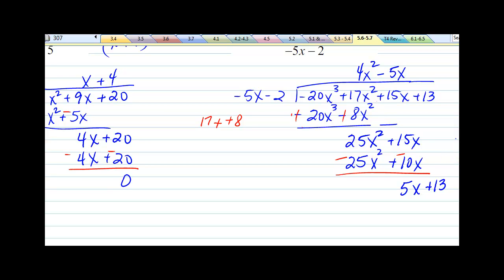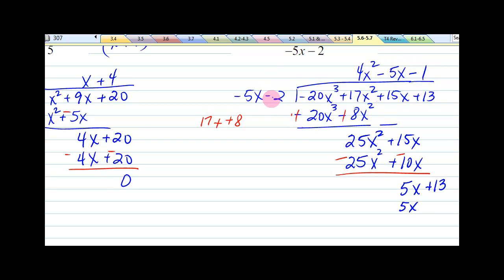So now the last part of my division problem, almost done from here. I know it's long. I want to say, how do I turn negative 5x into a positive 5x? I'm going to have to multiply by a negative 1. So negative 1 times negative 5x is positive 5x.